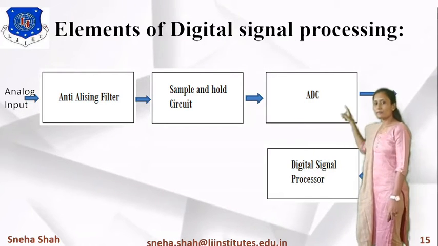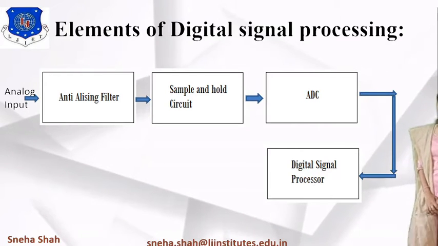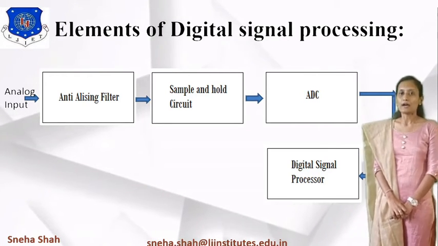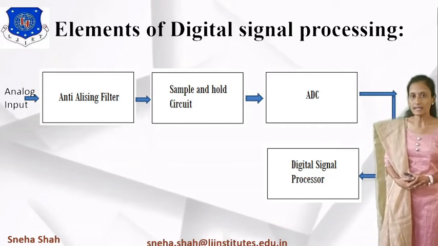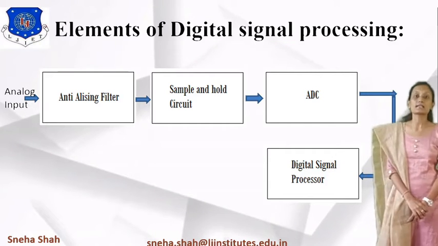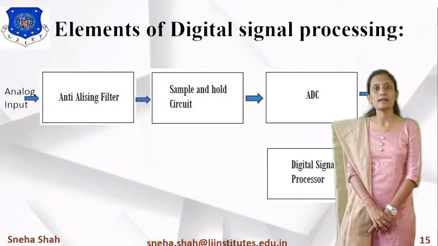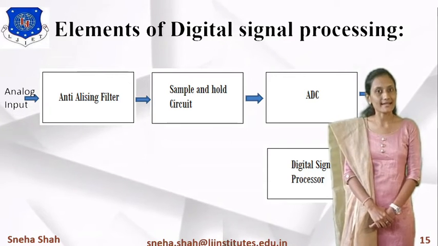It is applied to the digital signal processor, which gives you the output, a processed version of the original signal. Now this output of the digital signal processor is in digital form, but our original information signal is in the form of analog.